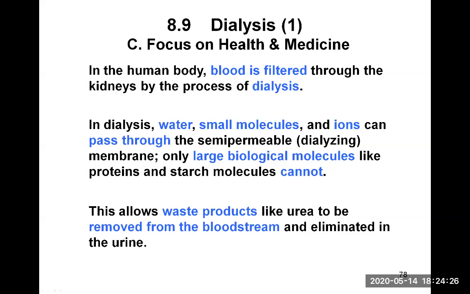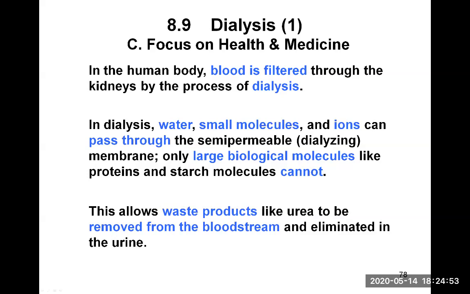Also in dialysis, water, small molecules and ions can pass through the semipermeable membrane, the dialyzing membrane, which are the nephrons in the kidney. And large biological molecules like proteins and starch molecules cannot. That's why it's a very efficient system.